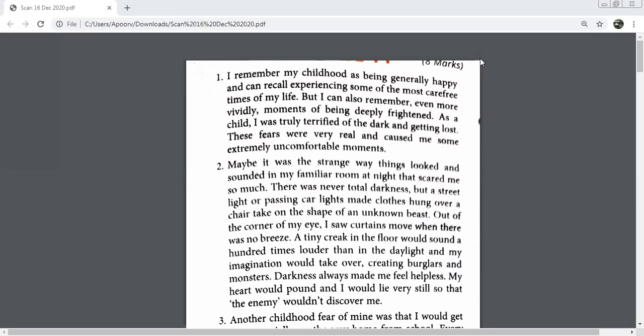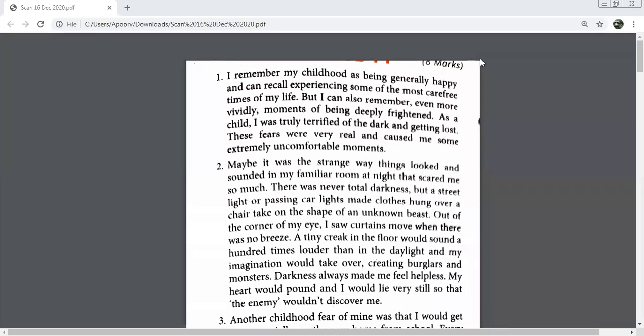Second, unknown darkness always made me feel helpless. A tiny creak in the floor would sound 1,000 times louder than in daylight, fearing me of burglars and monsters.